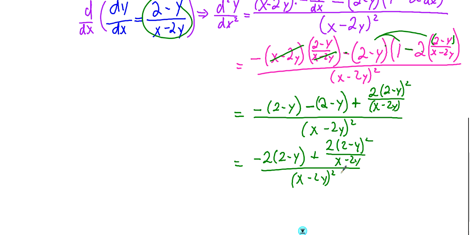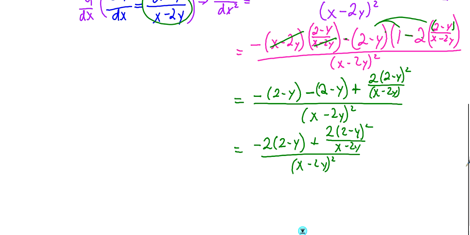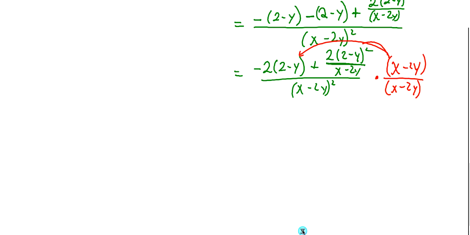Now basically I'm where I was in the first one. I've got this division here, so I'm going to do the same thing I did before. I'm going to multiply the top and the bottom by x minus 2y. Okay? So I got to distribute to this one and to that one. Okay?